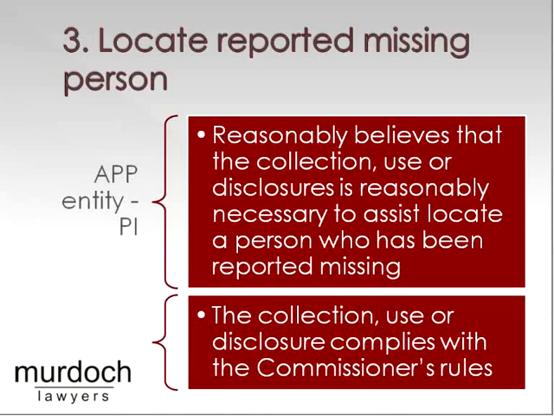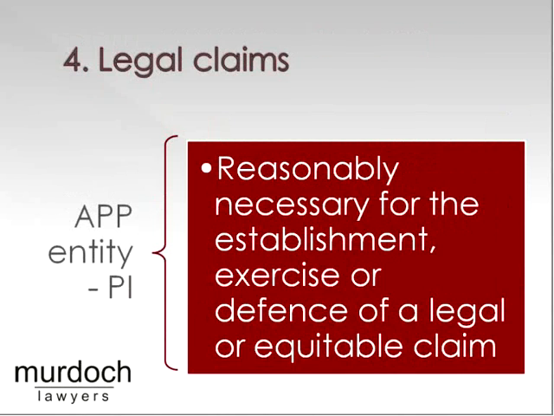The third exception relates to locating reported missing persons. Organisations can use personal information when it reasonably believes the collection, use or disclosure is reasonably necessary to assist locate a person who has been reported missing, and the collection, use or disclosure complies with the Commissioner's rules. Now the fourth general exception relates to legal claims.